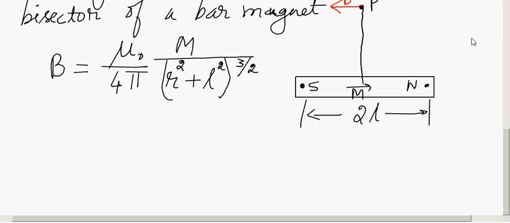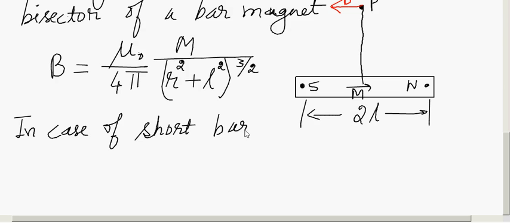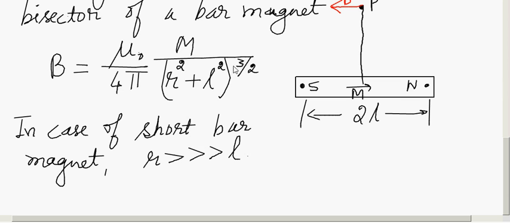So for a short bar magnet, r is very greater than L, so L can be neglected.